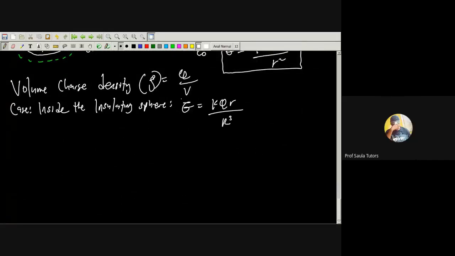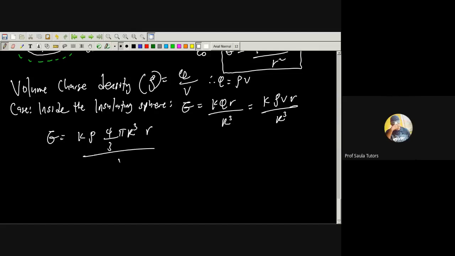Good. Now, don't forget, from here my Q is equal to volume charge density times V. So I have K rho V r over R cube. Pay attention. Look at this volume here: it is the volume of the whole sphere, which is 4 over 3 pi R cube. Then small r divided by big R cube.